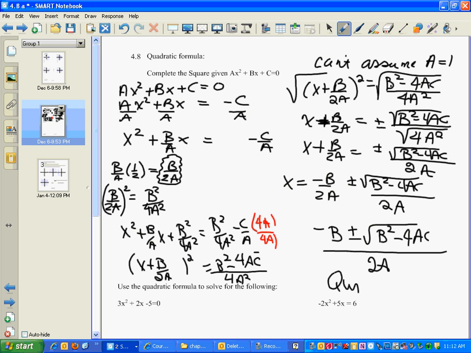Much easier not having to go through all that. But the quadratic formula comes from taking a general polynomial with no numerical coefficients and going through the process of completing the square. You need to know this.